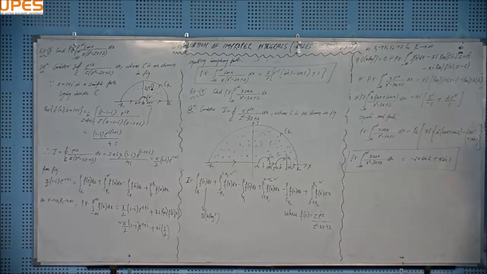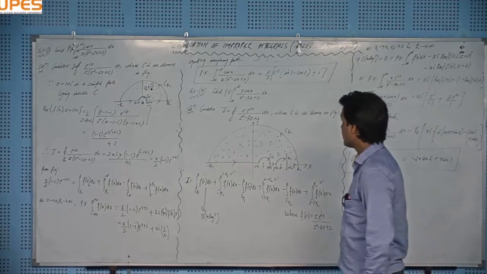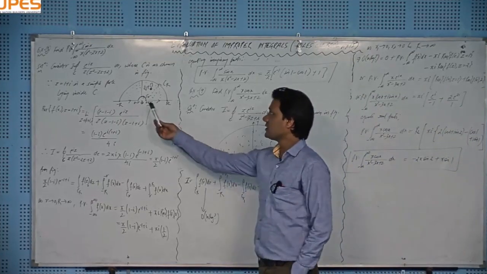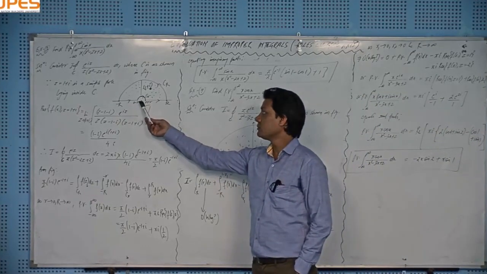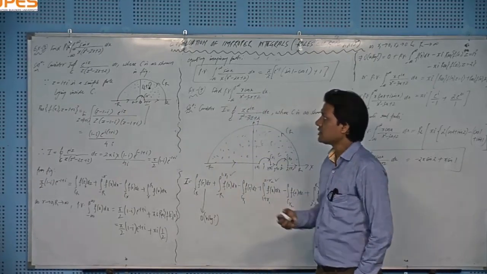So this is it for this video. In this video we have seen what happens when a pole lies on the real axis. We have to do some indentation at that point. We should avoid that pole that lies on the real axis, and then the theory is again the same.